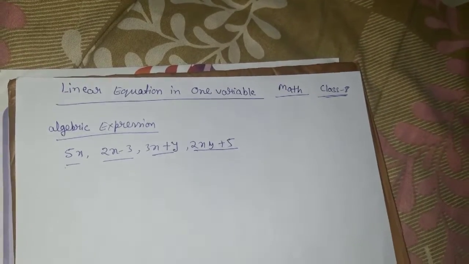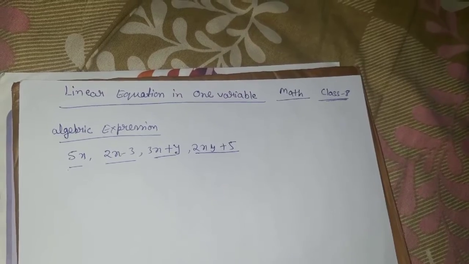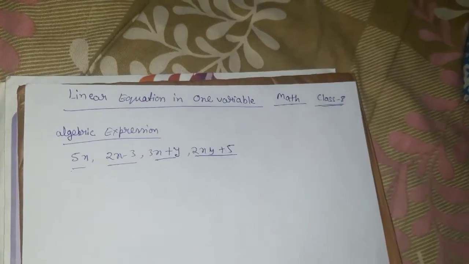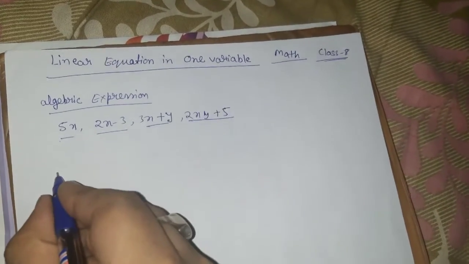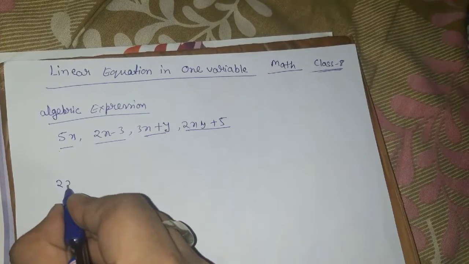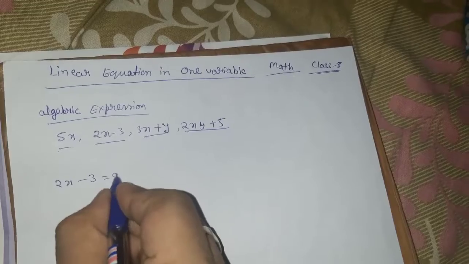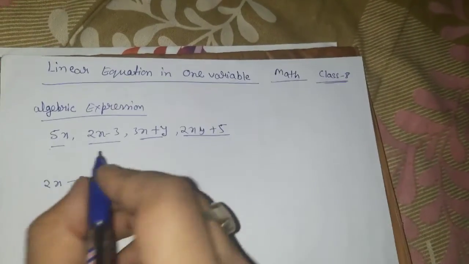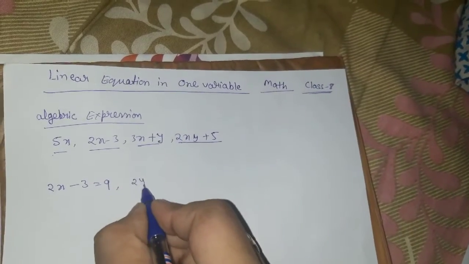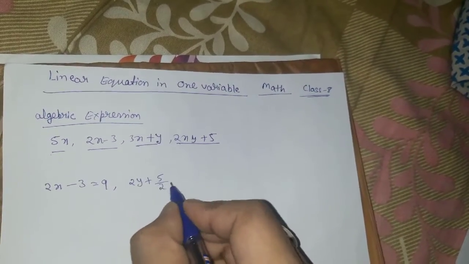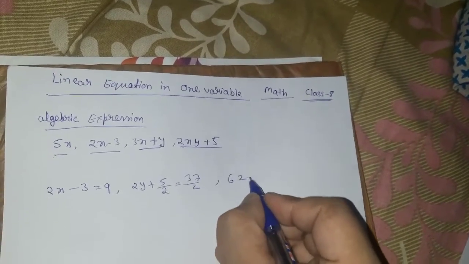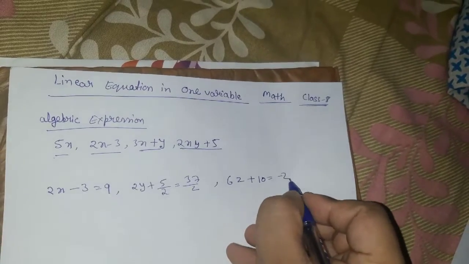In this linear equation topic we will discuss equations, meaning 2x minus 3 equal to 9, or 2y plus 5 by 2 equal to 37 by 2, or 6z plus 10 equal to minus 2.